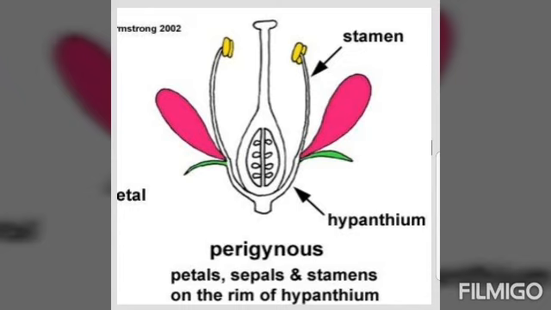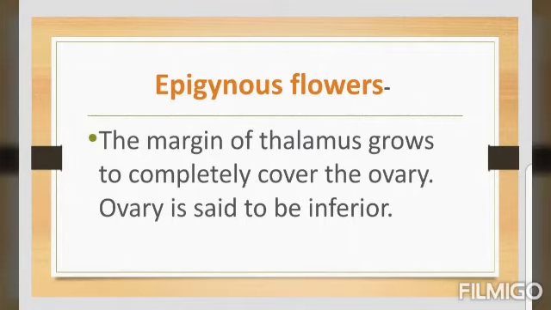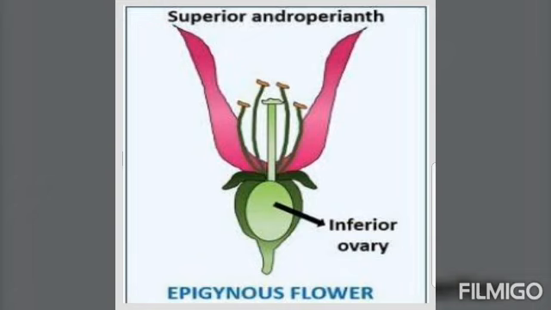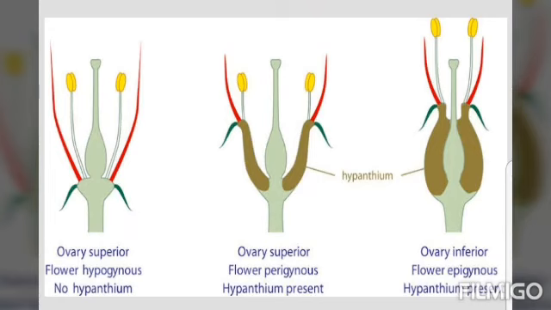That you can see in case of plum, rose, peach, etc. In epigynous flower, the margin of thalamus grows upward, enclosing the ovary completely and getting fused with it. The other parts of flower arise above the ovary. Hence, the ovary is said to be inferior, as in flowers of guava and cucumber, and the ray florets of sunflower.